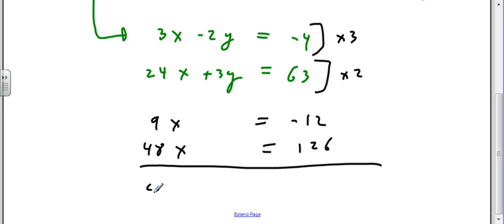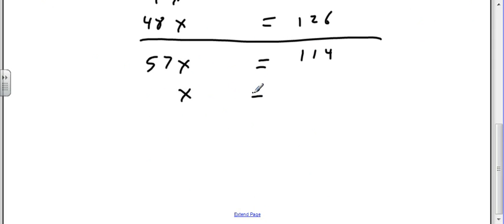So I add them together. 57x is equal to 114, and x is equal to 2.